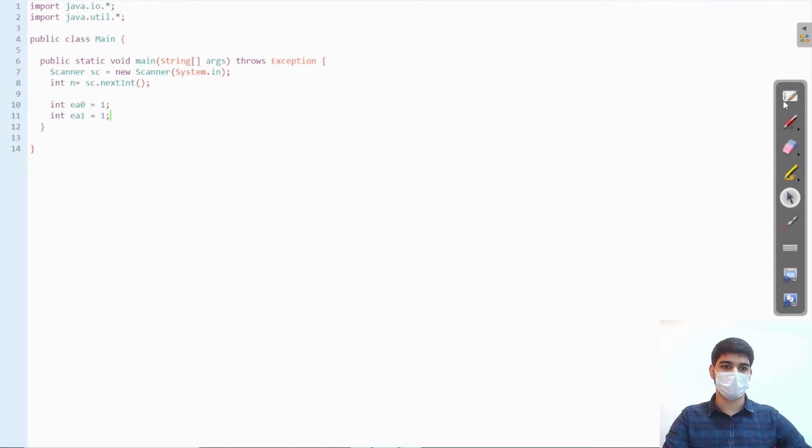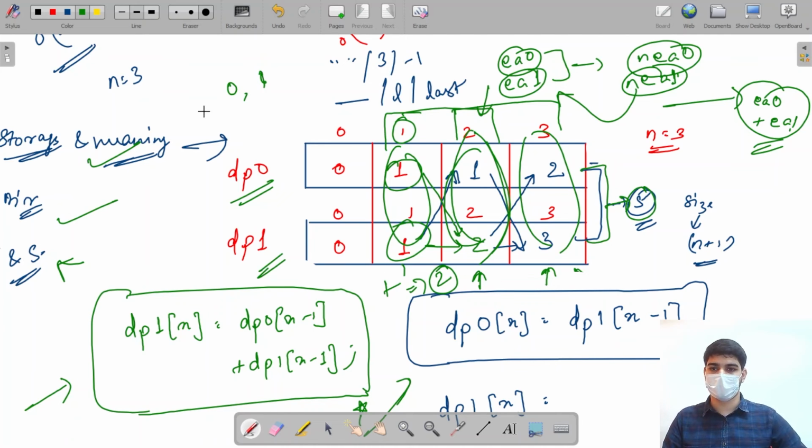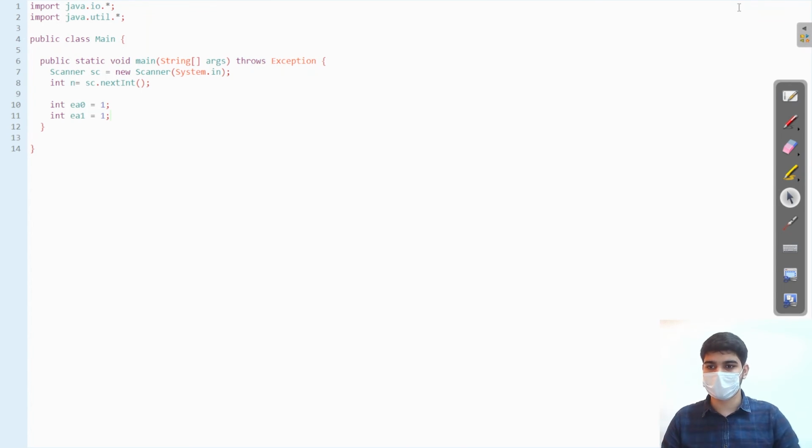If you remember, our base case was when the size is 1, the number of digits would be 1 and 1 each, right? And if we add them up, we would get 2, which is for 0 and 1, right? So we have our base case over here. So if I write this under a comment, this is our base case when equal to 0, 1, right?